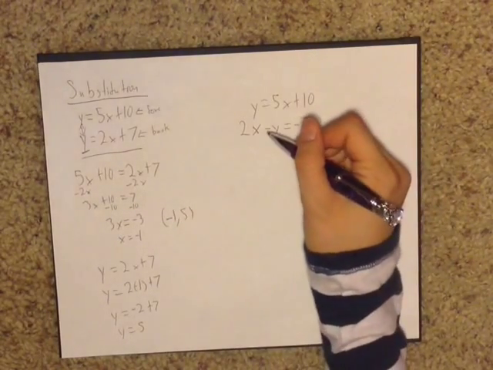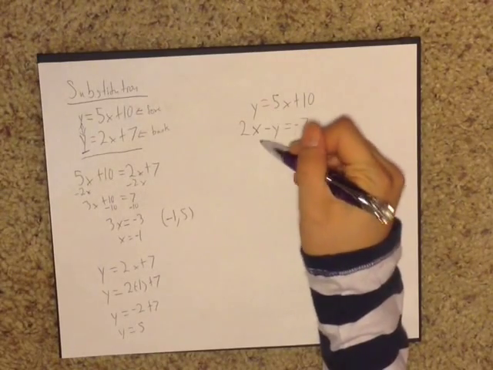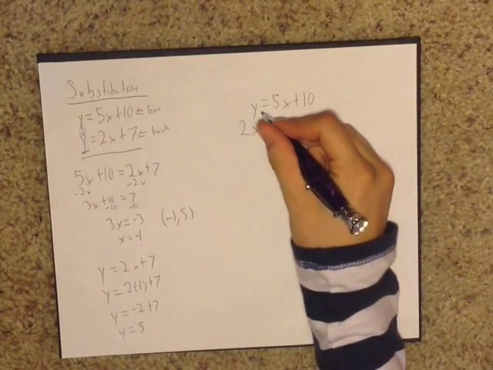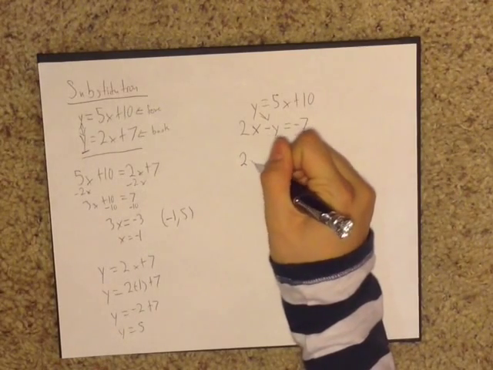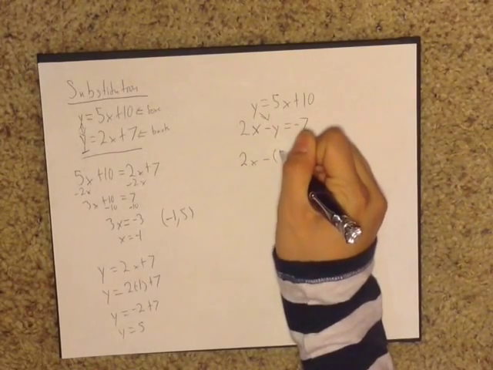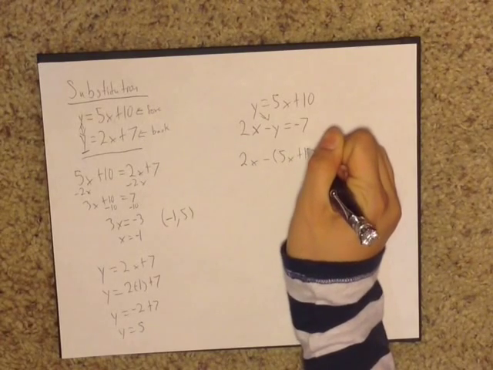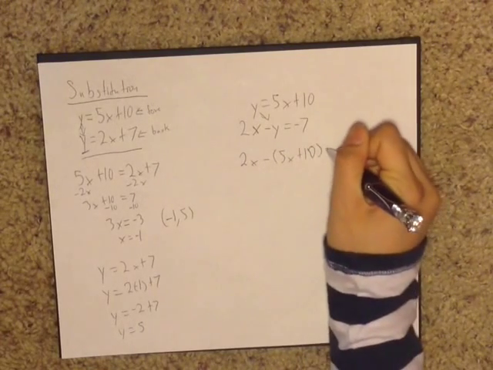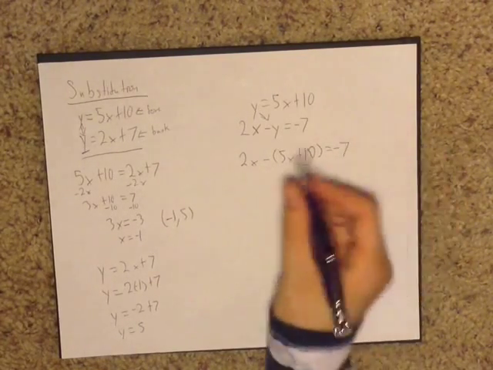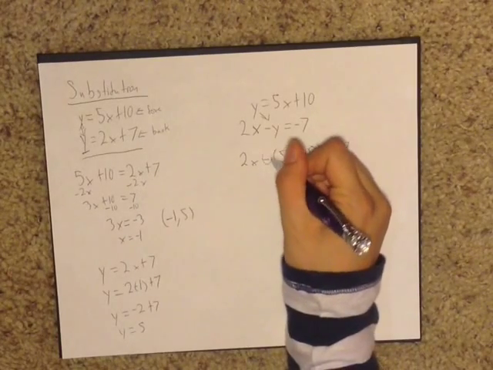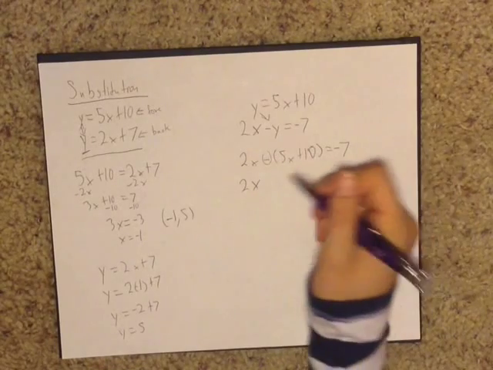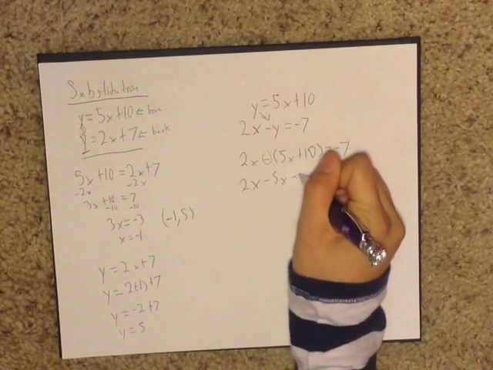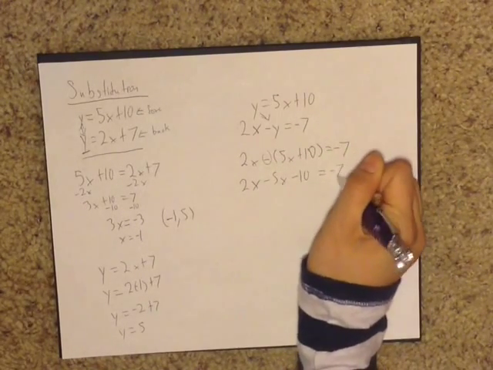Also, the other one we can encounter is a slope-intercept and standard equation. So we're still going to put the y in at the y. So 2x minus 5x plus 10 equals -7. So we have to distribute the negative sign. So it's going to be just 2x minus 5x minus 10 equals -7.